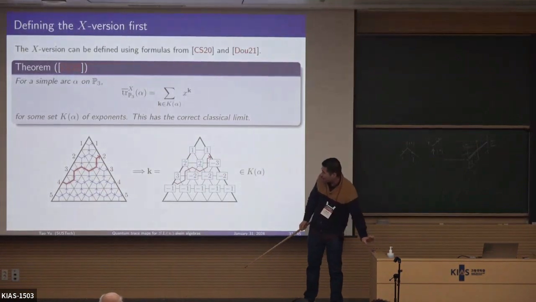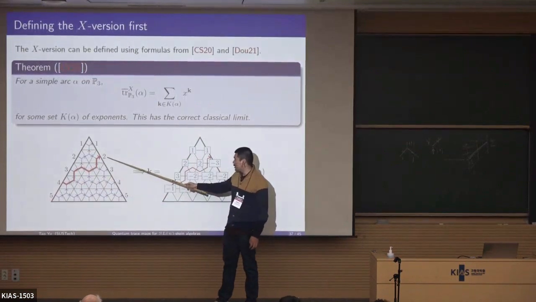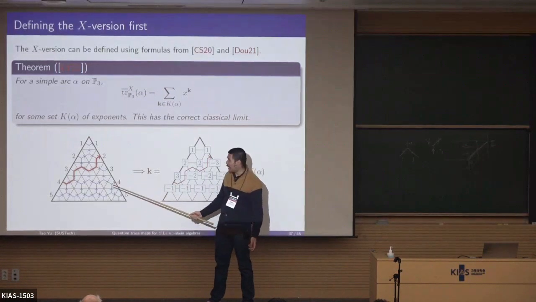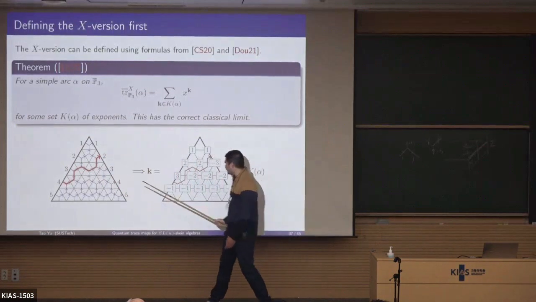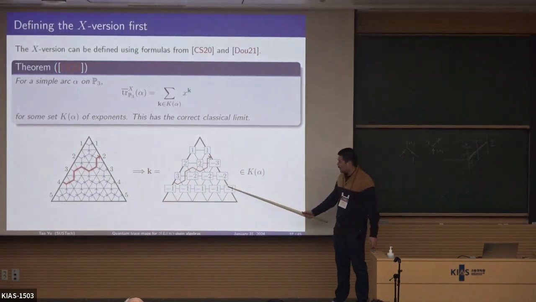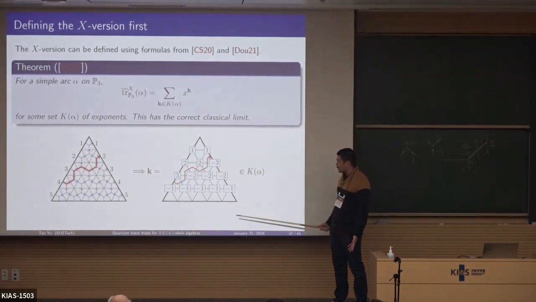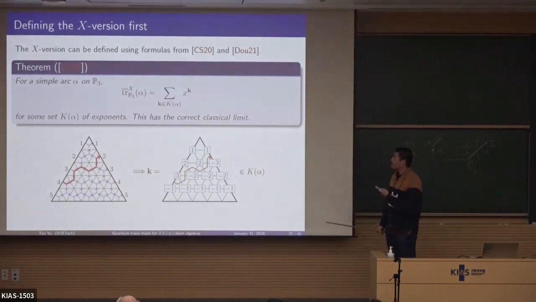Because my arc goes from 4 to 2, I look at paths from 4 on this side to 2 on this side. In this graph that's matching the direction, there are multiple paths. So that's why there's a big sum here. For each path like this, I associate a vector of exponents. There is a formula that tells you what these exponents are, but I don't think I'm going to define this right now. So that's a formula for the quantum trace map of a triangle.